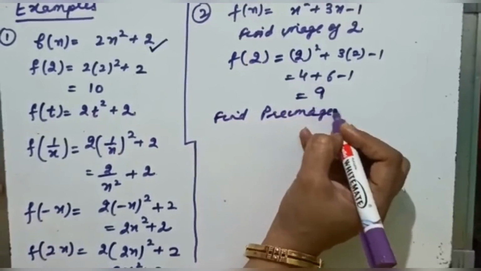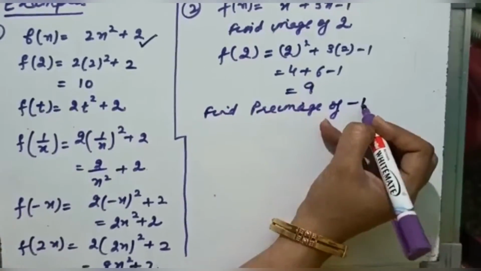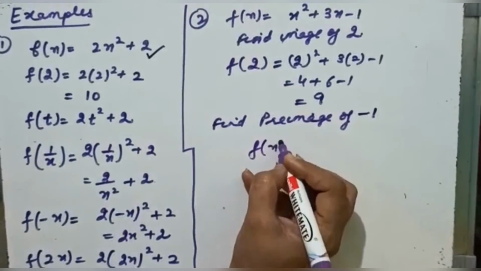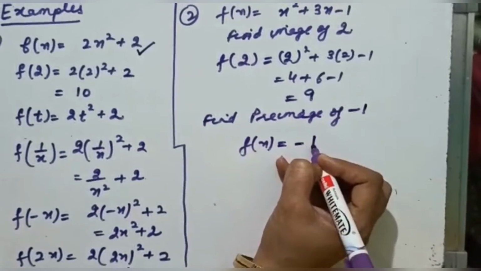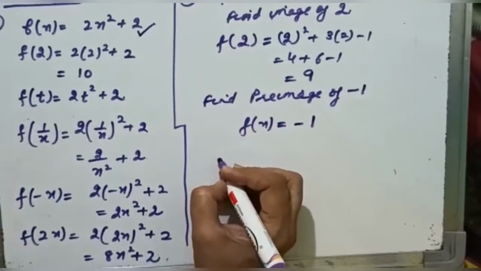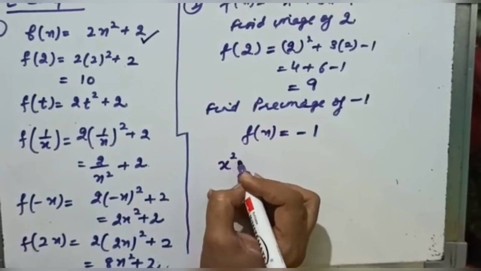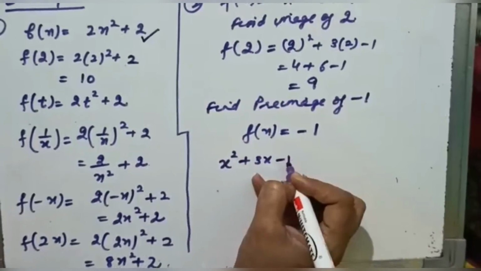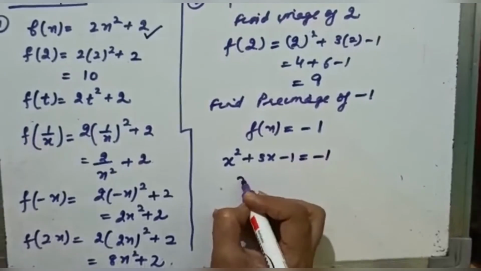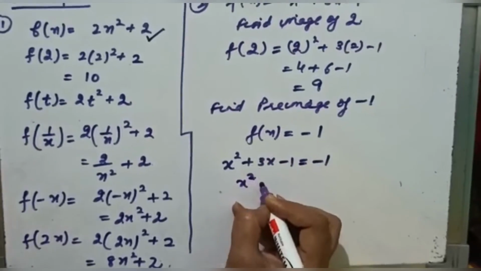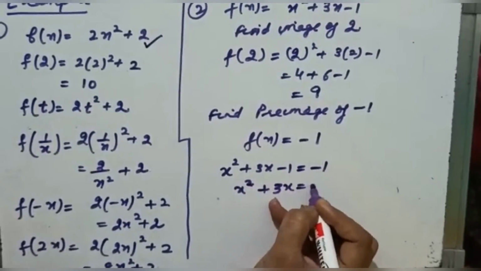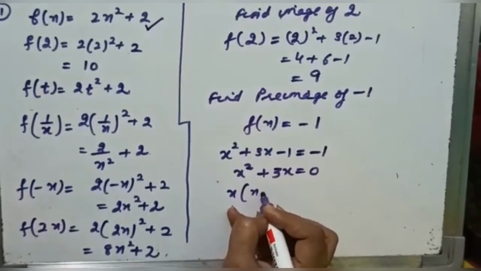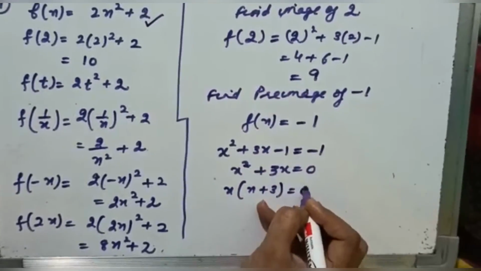Similarly, if the question is find pre-image of minus 1, that means f of x is equal to minus 1 and we have to calculate the value of x. Means x square plus 3x minus 1 is equal to minus 1. x square plus 3x is equal to 0. x common, x times x plus 3 is 0.